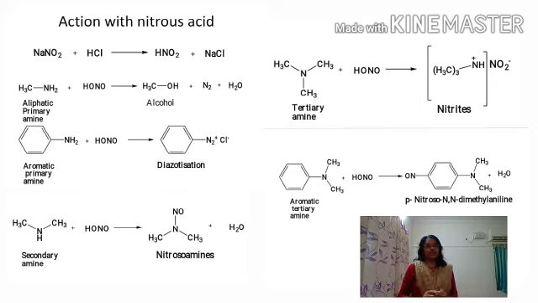Both give only nitrosoamines. But coming to the tertiary aliphatic amines, they react with nitrous acid to give nitrite salt. But tertiary aromatic amine undergoes electrophilic substitution reaction at the benzene ring and results in the formation of a nitroso group at the para position of the benzene ring.